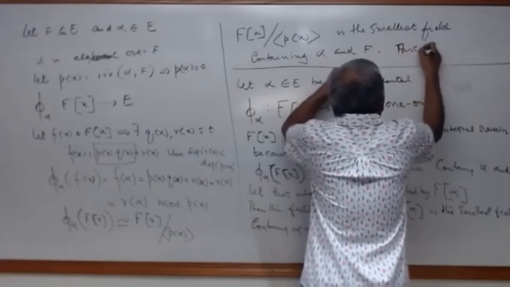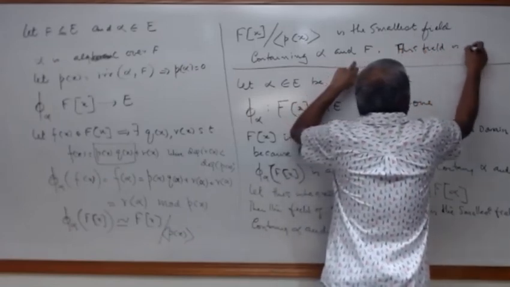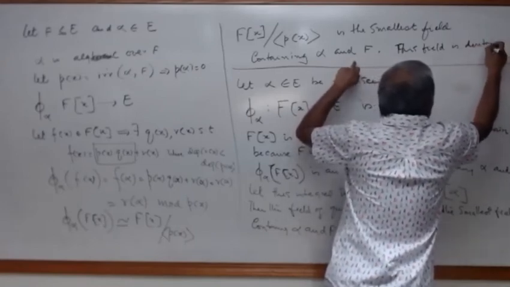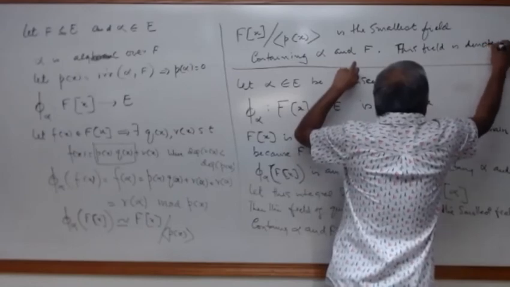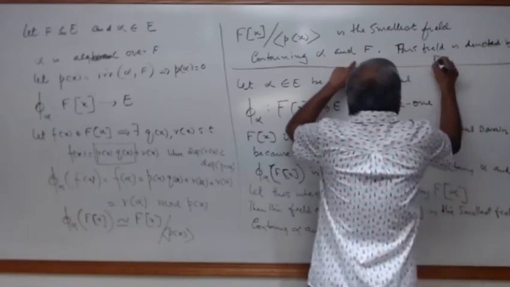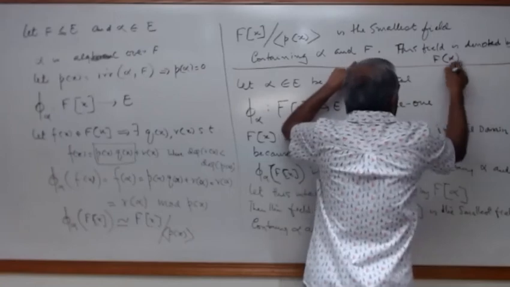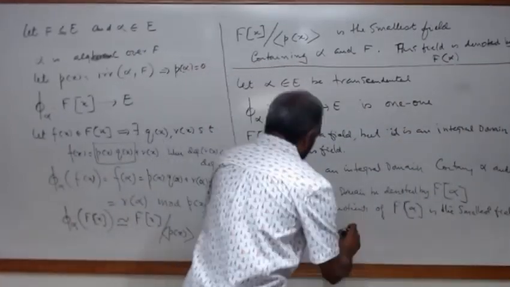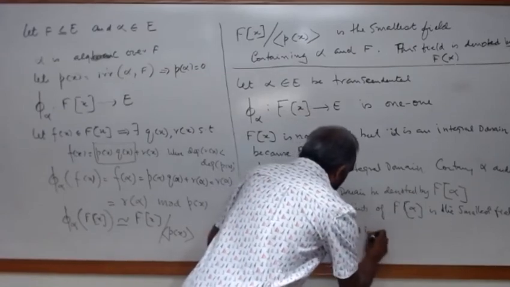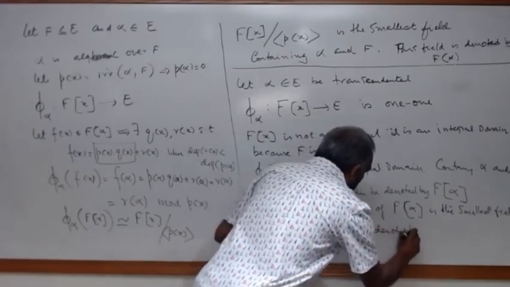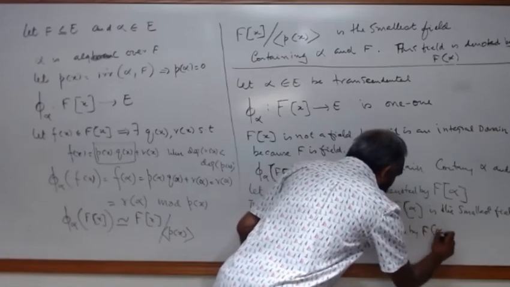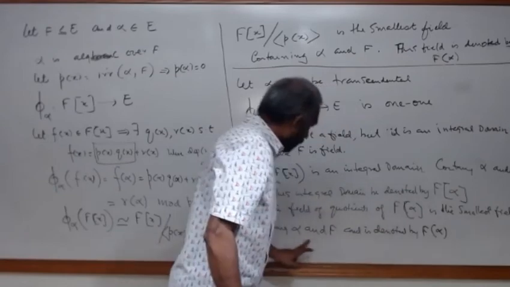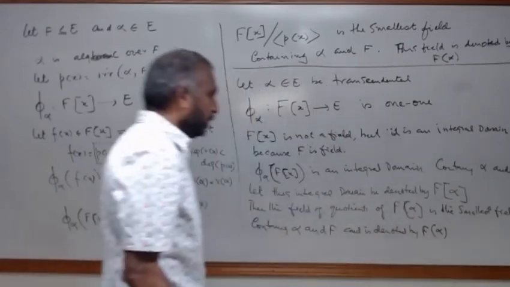This field is denoted by F(alpha), not square bracket, parenthesis. So here also I will say it is denoted by F(alpha). Integral domain is square bracket and the field is the parenthesis.